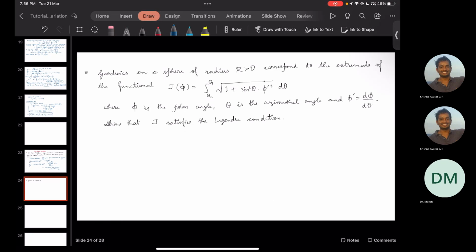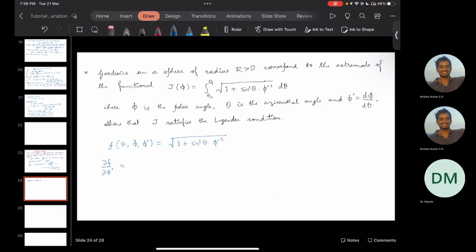Okay, so we'll first write down the function f, which happens to be f(θ, φ, φ'), and this is given by the square root of 1 + sin²θ φ'², isn't it? Now let's find ∂f/∂φ'.